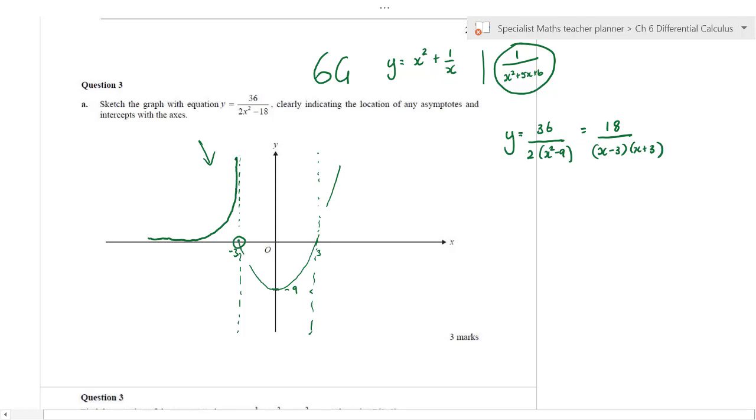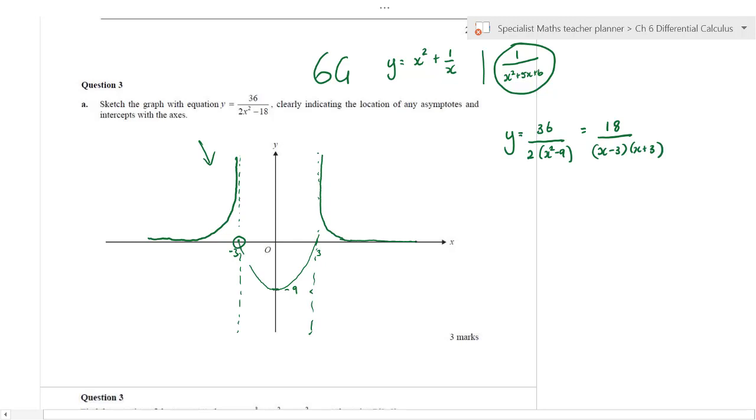Asymptotic behaviour, all good. And of course, the same thing over the other side, isn't it? We're approaching a very, very small number. 1 over a very, very small number is positive, and it's going to be like so. And there's no intercepts, is there?